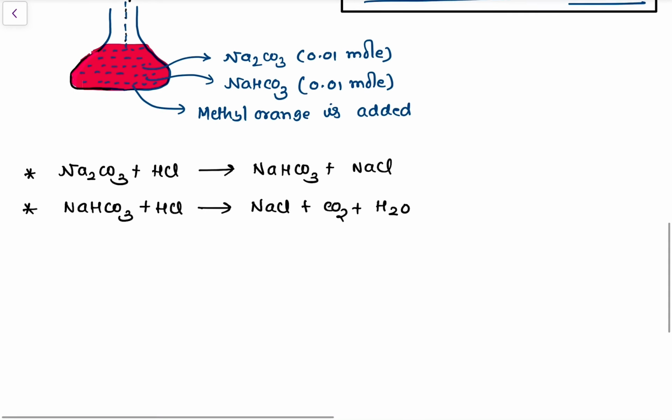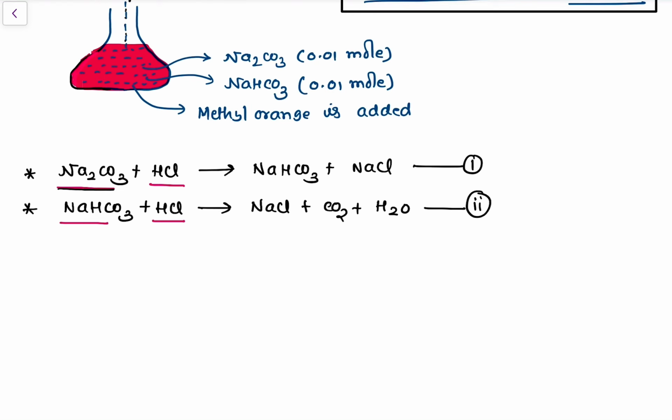So the next thing that we need to do here is, the number of moles of HCl in reaction 1 and the number of moles of HCl in reaction 2 total will be equal to the number of moles of sodium bicarbonate in reaction 2 and the number of moles of sodium carbonate in reaction 1. This is reaction 1 and this is reaction 2.